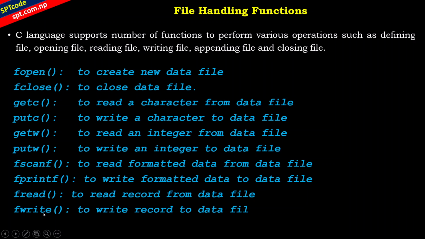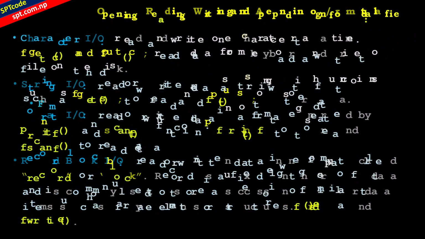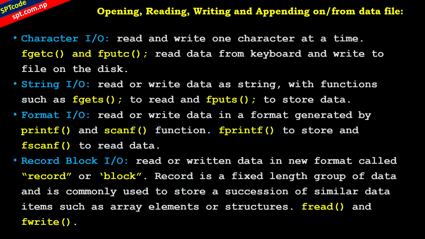And fread and fwrite we can also use; these are for record files. Some more: for character input output, like I told you, and fgets, fputs functions we can also use. Practically we will do all this. Strings are based on these, characters on these, formatted input output I told you, and record block input output.